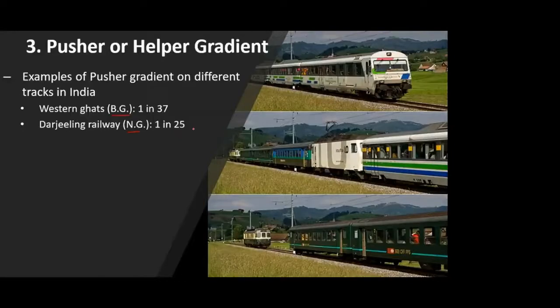So 1 in 25 means if I go 25 meters horizontal, I get a 1 meter rise. So that is the steepness of your gradient. Okay, so this is 1 in 25. So 1 in 37 will be a little bit milder than this, but it will again be steep. By just looking at these two triangles, you will not be able to compare the steepness, but actually it will be much steeper.